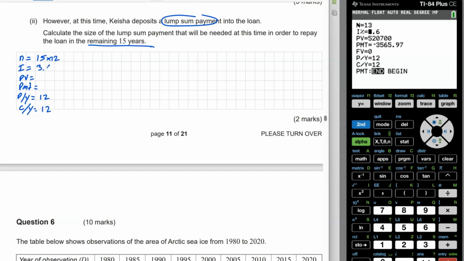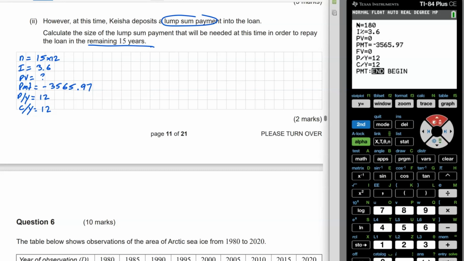The interest rate is at this 3.6 level. We're going to be finding that amount, and we're still going to be working with 3,565.97 as our payments. So let me just put this back to 15 times 12 up here, 3.6. I might just zero that off and go through and check everything else.